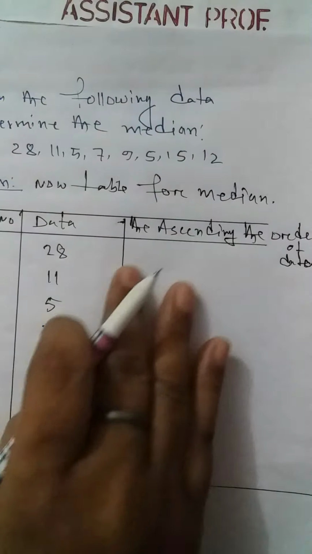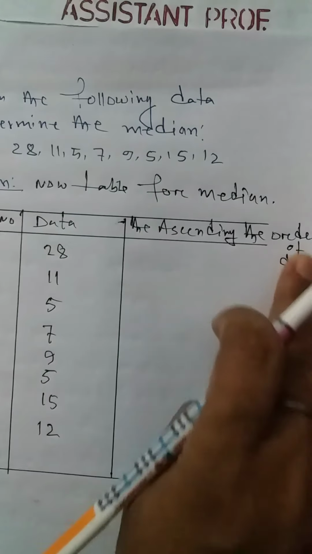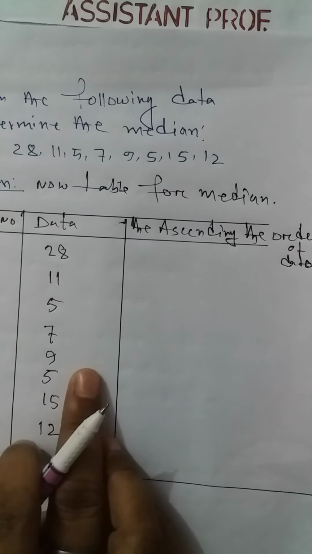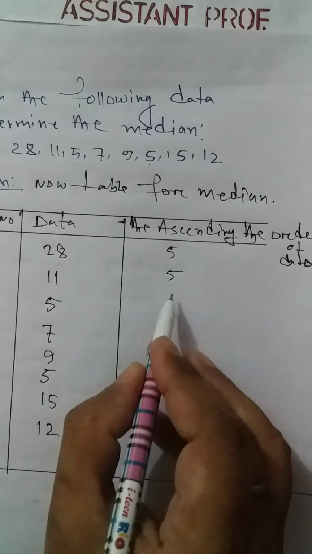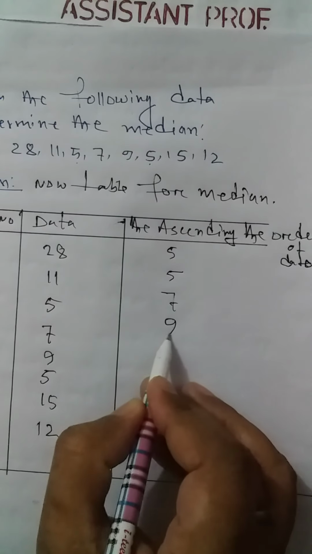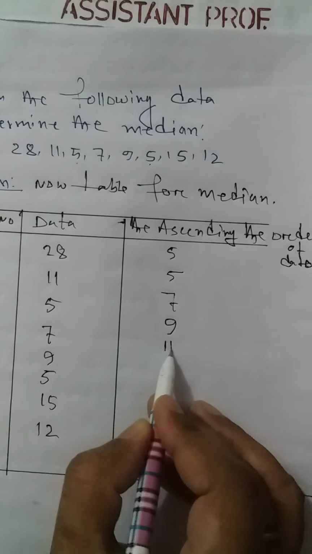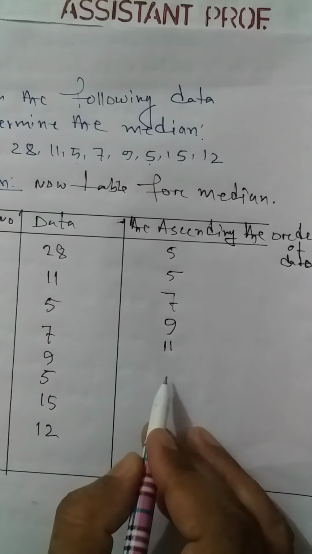In ascending order, at first put the lowest value. 5 is double, then 7, then 9, then 11, then 12, then 15, then 28. 1, 2, 3, 4, 5, 6, 7, 8.